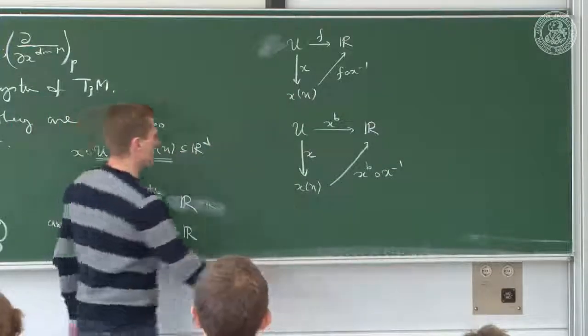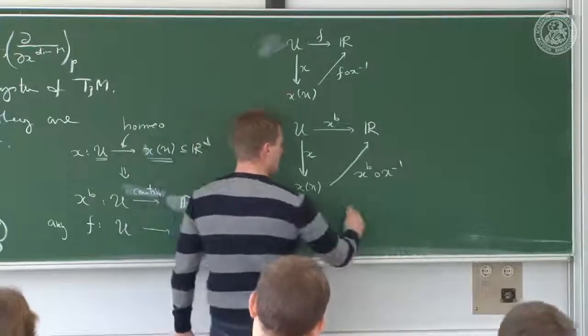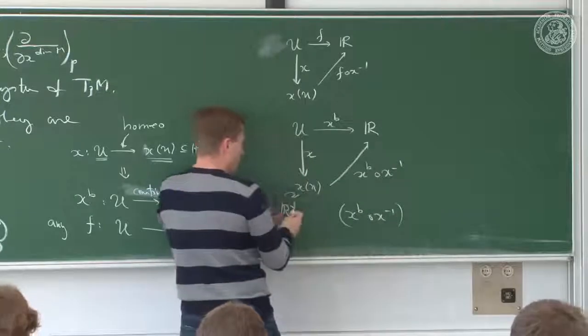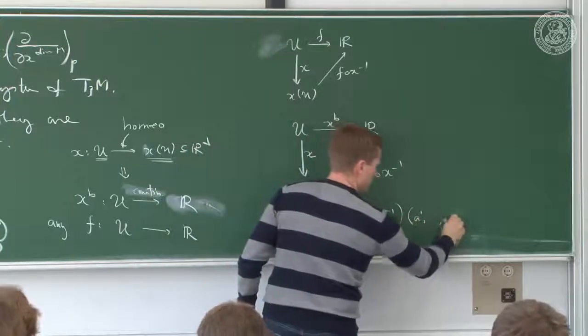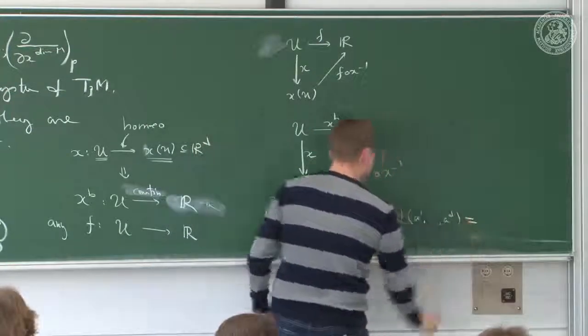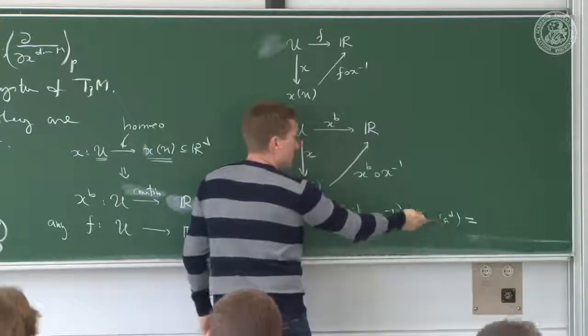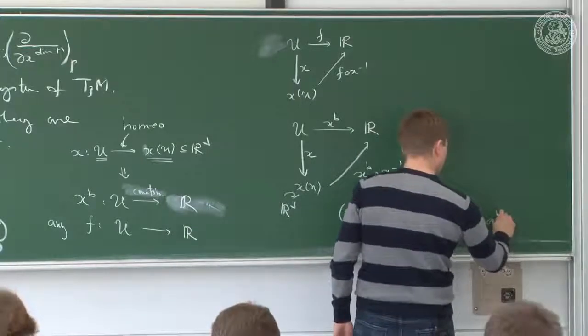But what is this guy? Well, this lies in R^d, this lies in R. So x^b after x inverse of a tuple here in R^d, let's call it a^1 to a^d, that's the coordinates here if you wish. You go back and then you go to the bth one, well, that's the projection map to the bth component, so this is simply a^b.